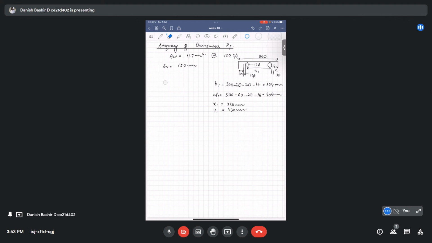So we will go to the formulas. Asv required as per the code formula will be Tu by b1 plus Vu by 2.5, into Sv divided by d1 into 0.87 fy.